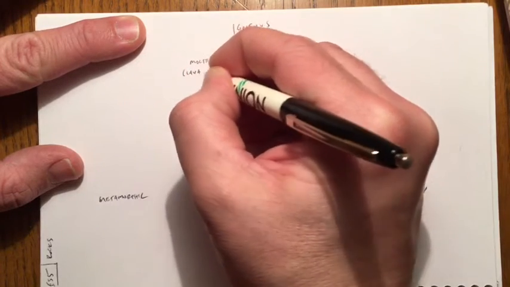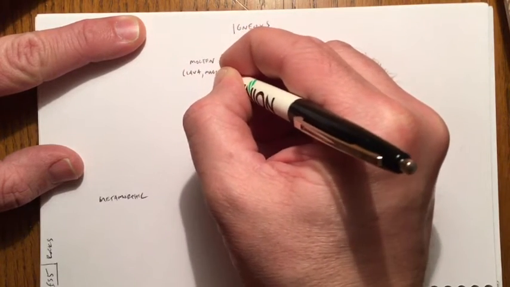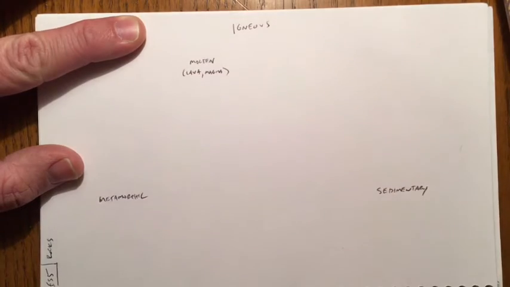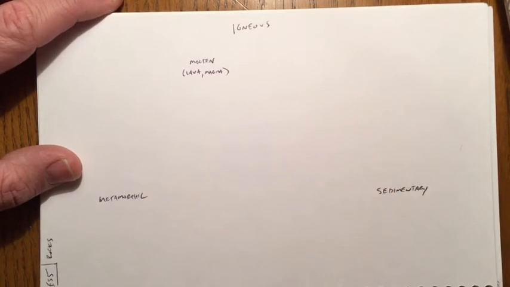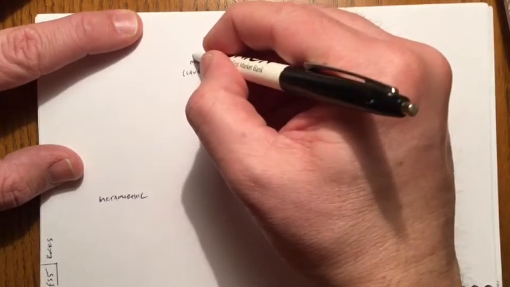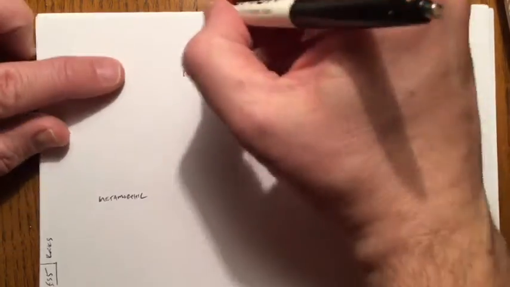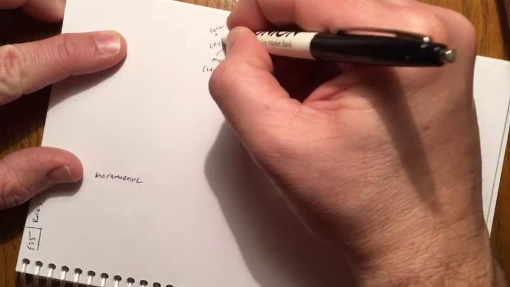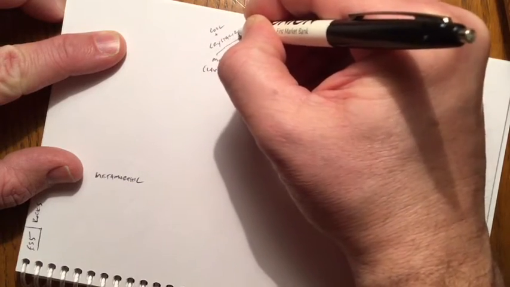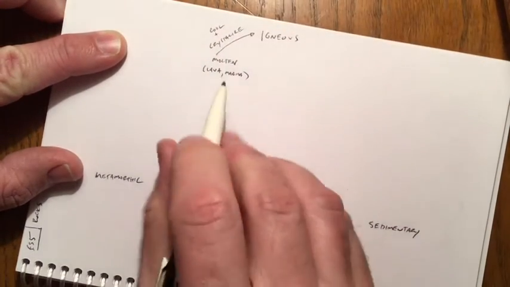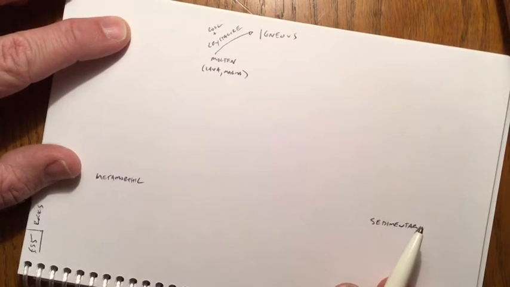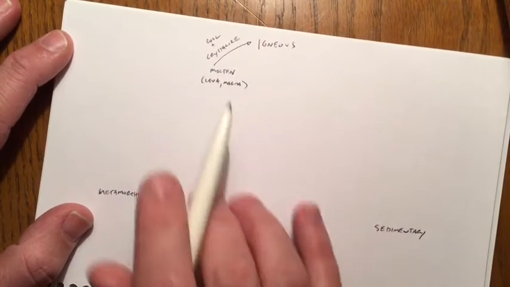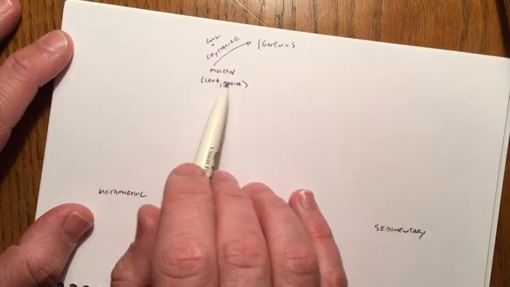That is lava if it's on the surface, magma if it's underground, and molten rock, in order to become an igneous rock, has to cool and crystallize. I think there's two L's in there, but that's okay. Cool down and crystallize to become an igneous rock. Has to solidify.